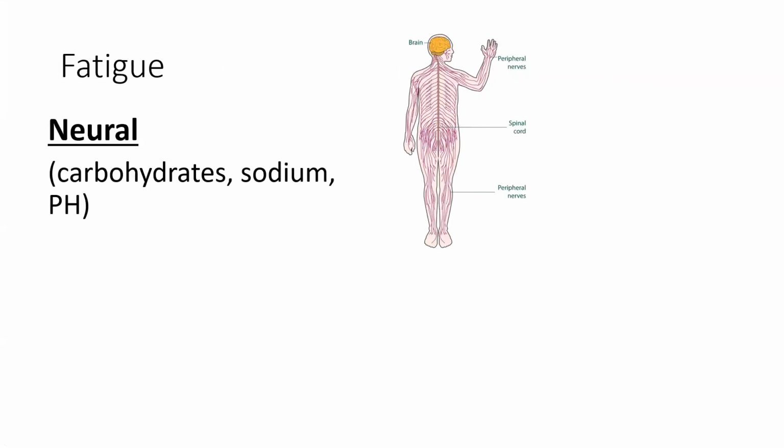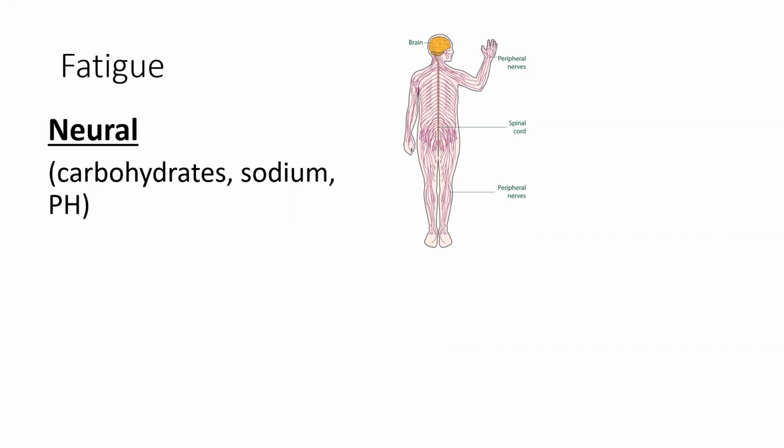Fatigue, first of all, is the slowing of a metabolic process in most cases when it comes to talking about endurance or energy system utilization. So that feeling of tired or that slowing of our work output. And we have neurological contributors to fatigue. So this could be the availability of carbohydrates because our nervous system runs strictly through carbohydrate metabolism.